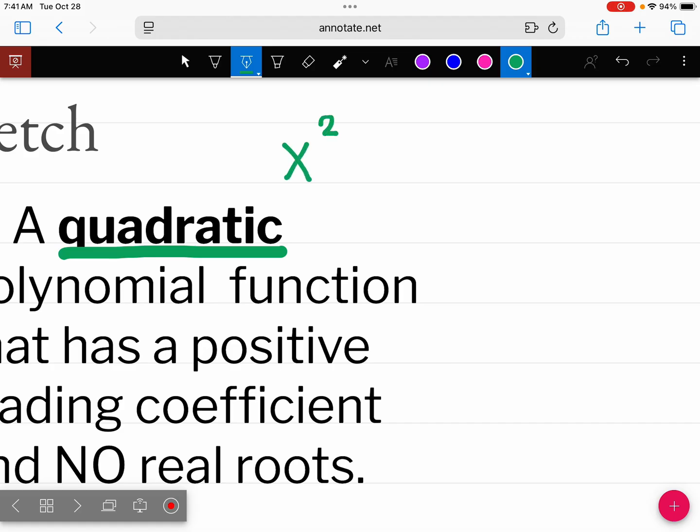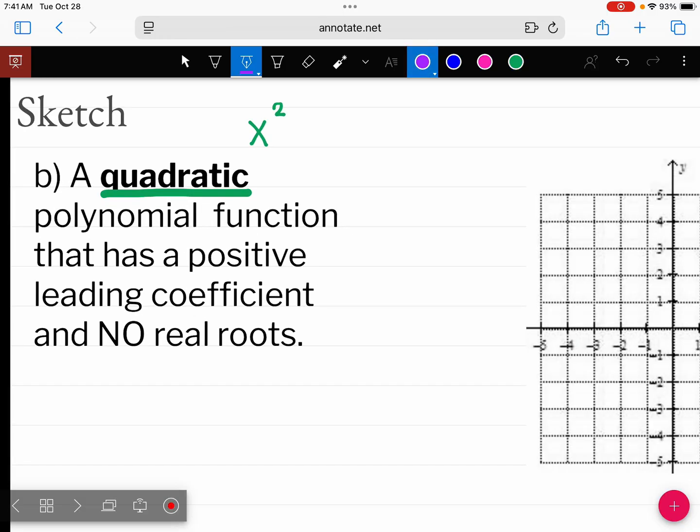Our whole last chapter was over quadratics. So a quadratic polynomial still is just going to have an x squared. We have a positive leading coefficient, and no real roots. So those are kind of our important pieces here.